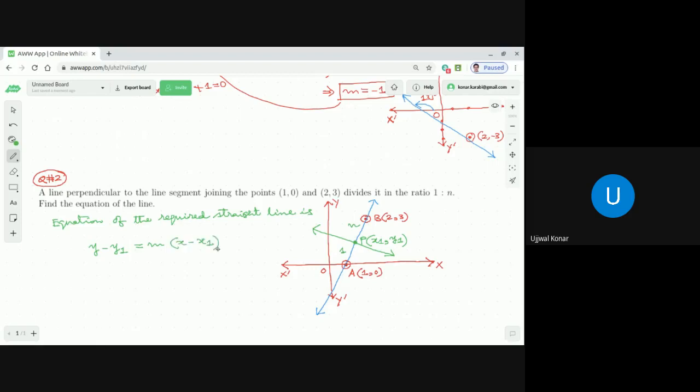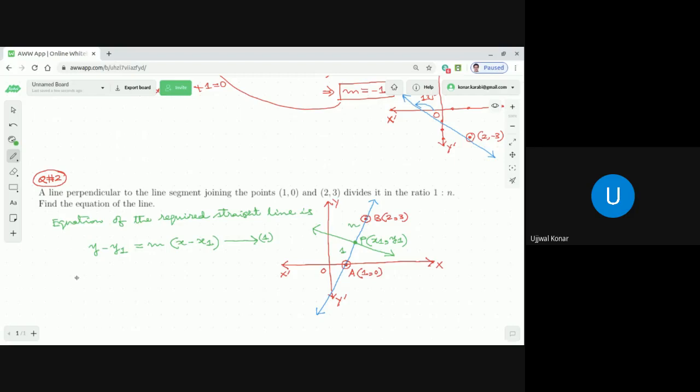Now how to find x1, y1 and m? Let's give this as equation number 1. The required green line is dividing the line segment AB in the ratio 1:n. From that information, we can find the values of x1 and y1.